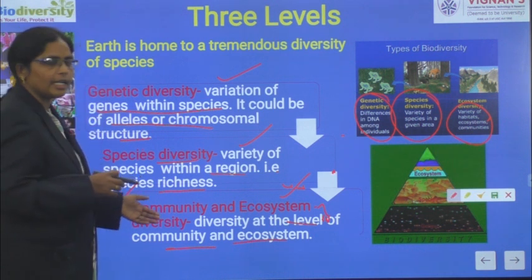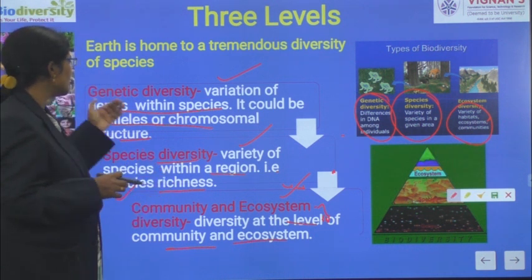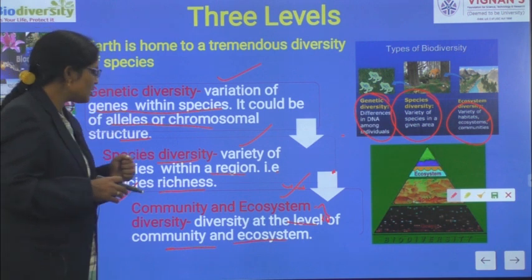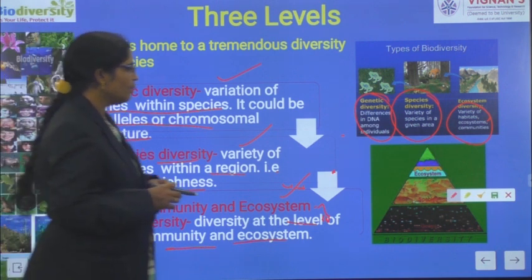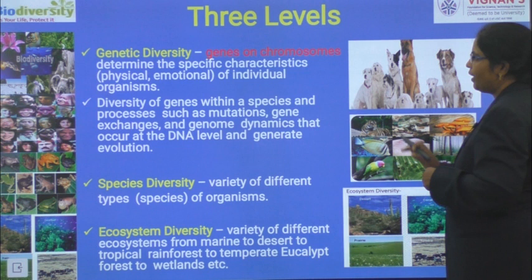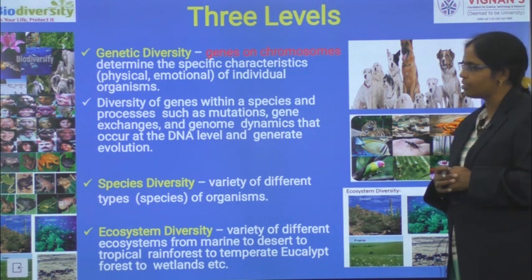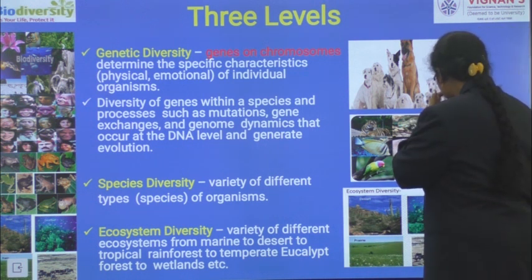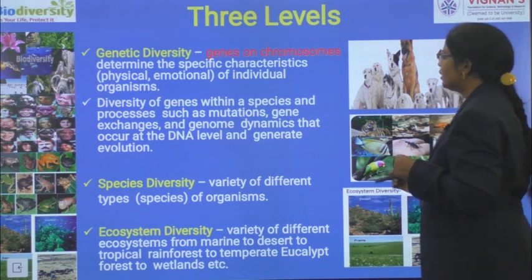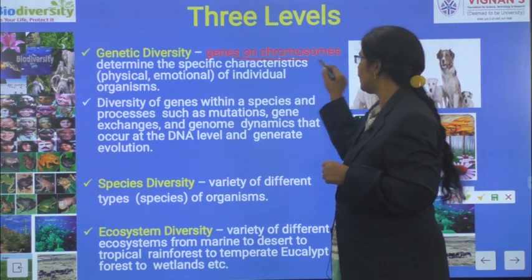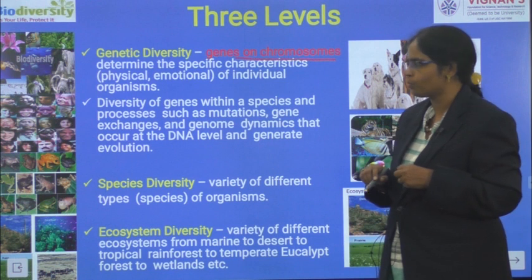All these are the three levels of biodiversity: genetic diversity, species diversity, and ecosystem diversity. First, we will see genetic diversity. Genetic diversity is nothing but the changes in the genetic material, nothing but chromosomes.